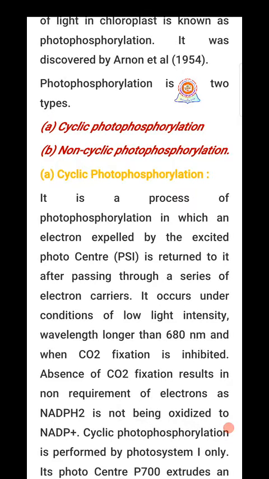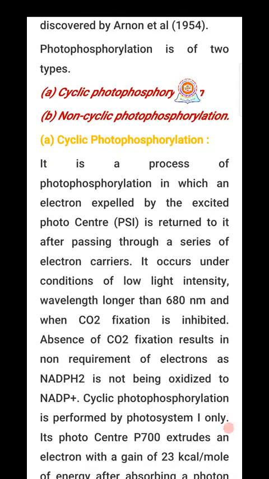What happens during cyclic photophosphorylation? When light is trapped by the chlorophyll molecules, the reaction centers, that is photosystems, are excited and the electrons are expelled. Here photosystem 1 is activated.